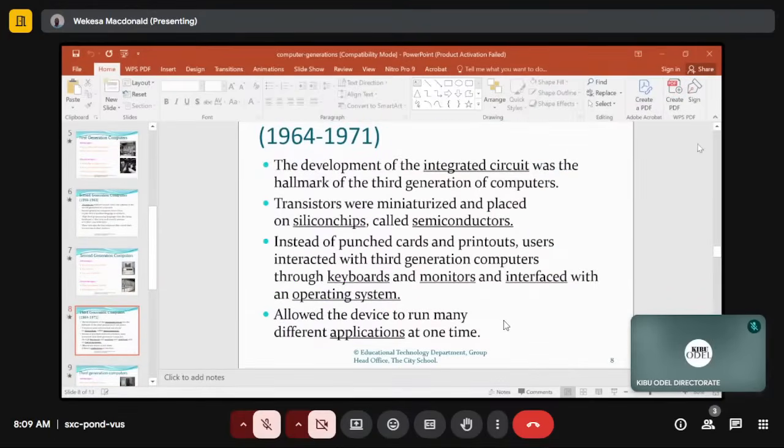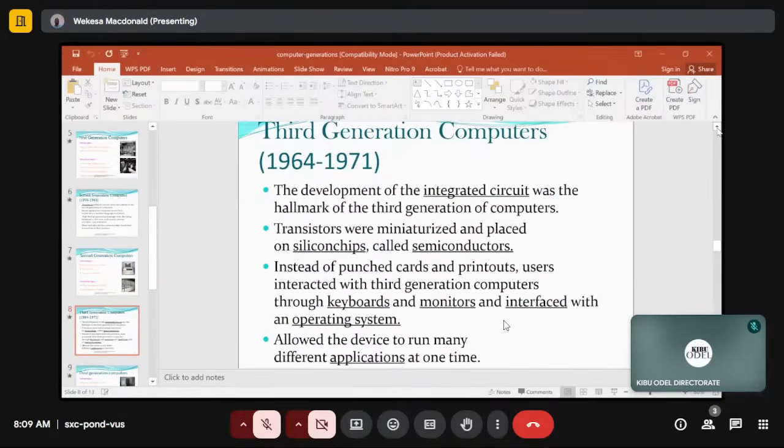What about the third generation members? From the first generation, the second generation were using transistors. Now the third generation, they had what's called IC, integrated circuit.